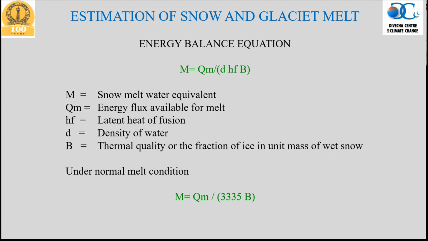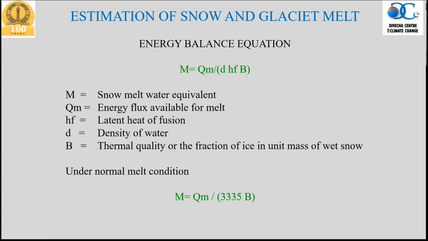HF is the latent heat of fusion, D is the density, and B is the thermal quality, or the fraction of ice in unit mass of wet snow. So snow is wet, as we are discussing: how much water is in it and how much ice is in it.